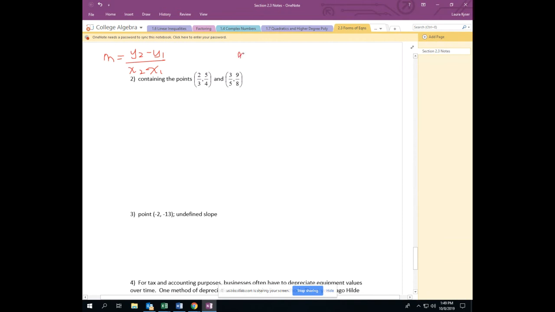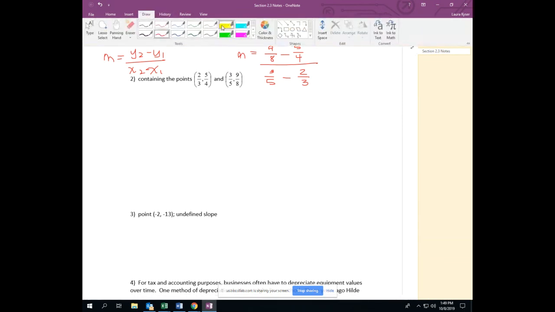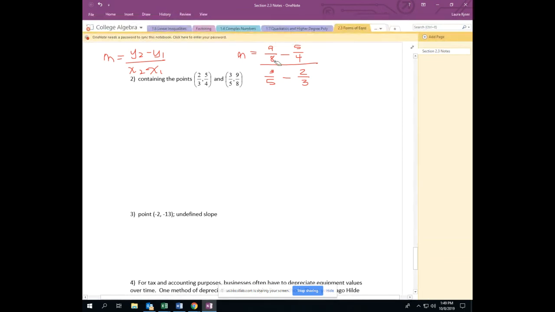So it's m equals y2 is 9/8 minus y1 is 5/4 over x2 is 3/5 minus x1 is 2/3. It is really hard to tell what that is because I did such a poor job writing it. Let me rewrite the 3 so you can actually read it.